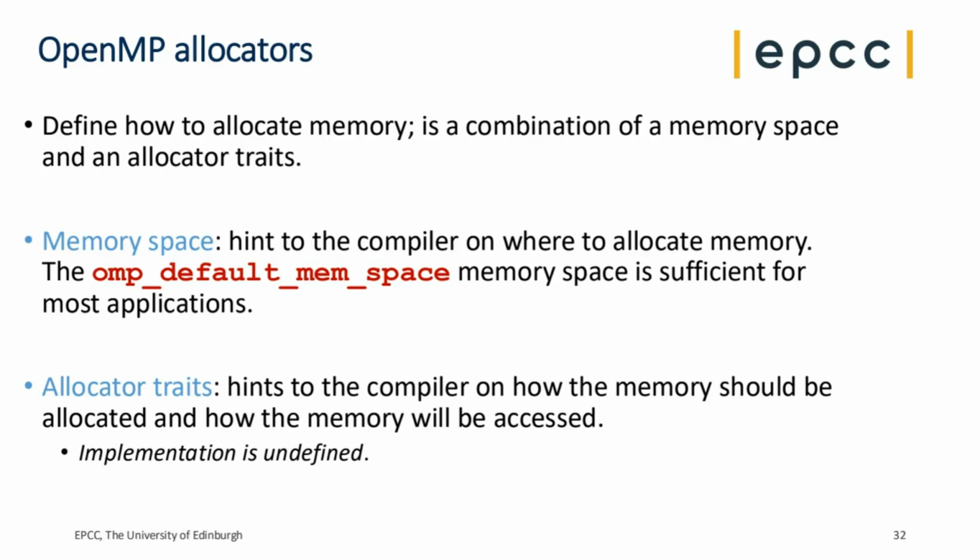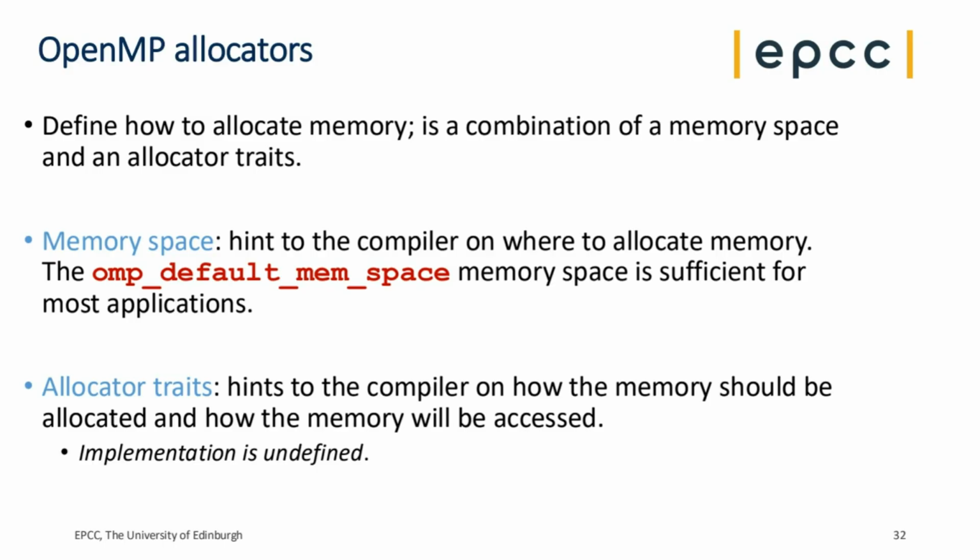But to give you an idea of the sorts of memory spaces that are available. There are memory spaces to indicate that you want something that has a large capacity. You could say, I want a const memory space, so that's going to hold data that, once it's there, is not going to change.